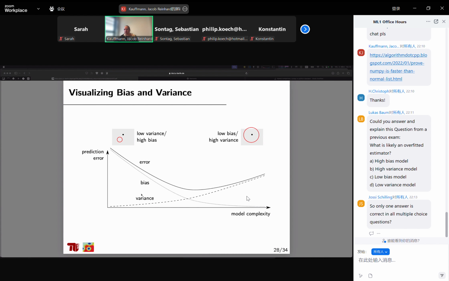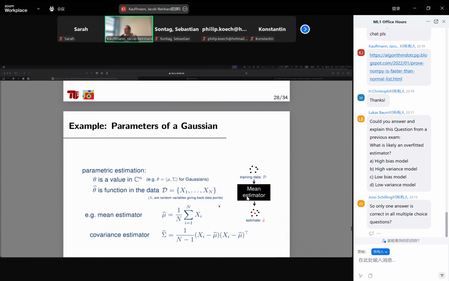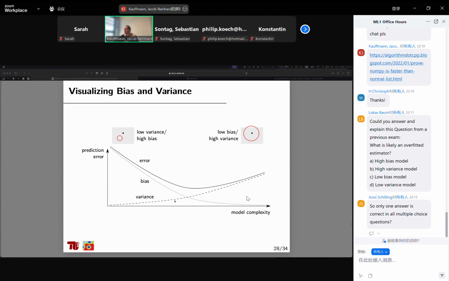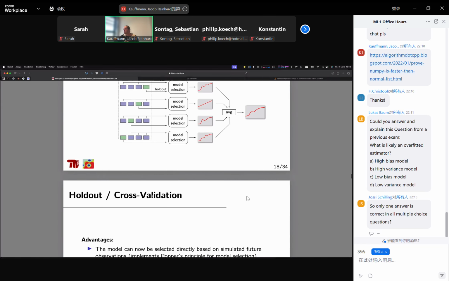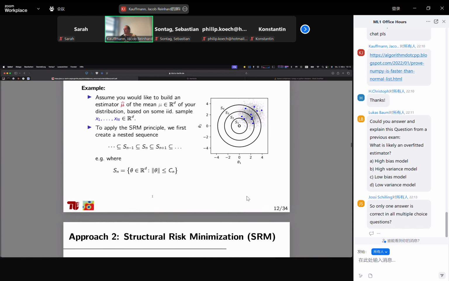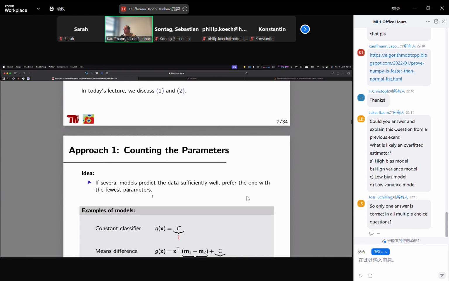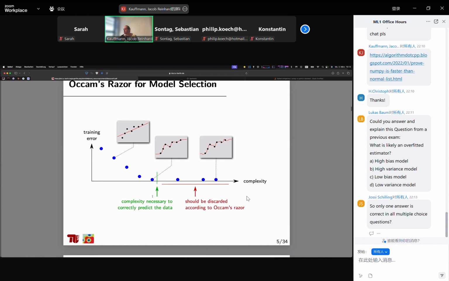Overfitting essentially means you have a very complex model that is able to learn the noise in your data. And this corresponds to a model with high variance, as you can see here.